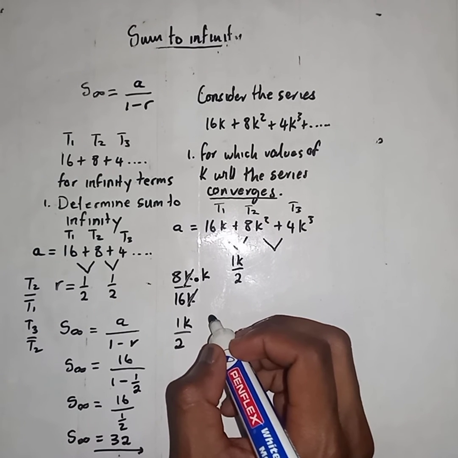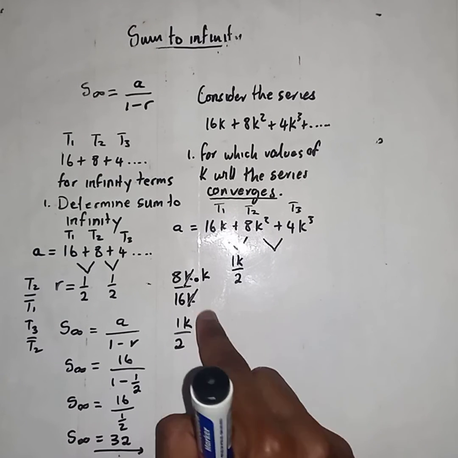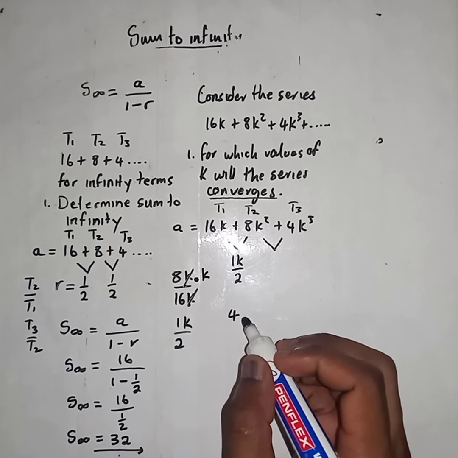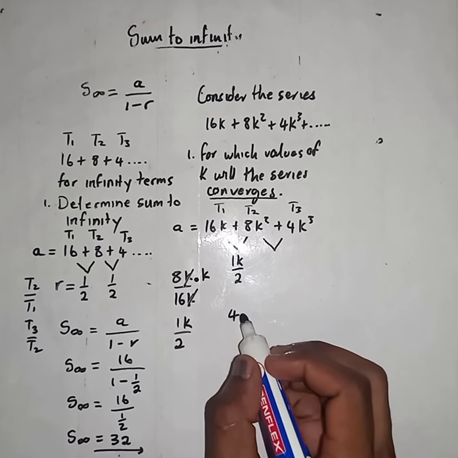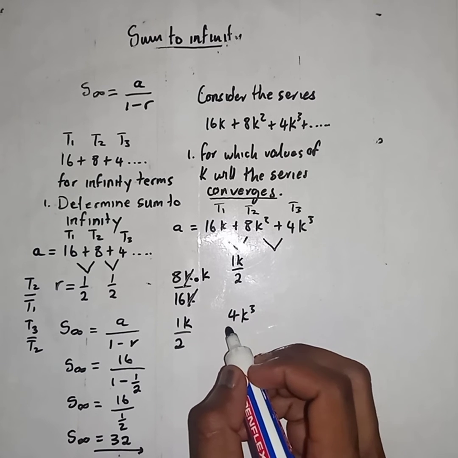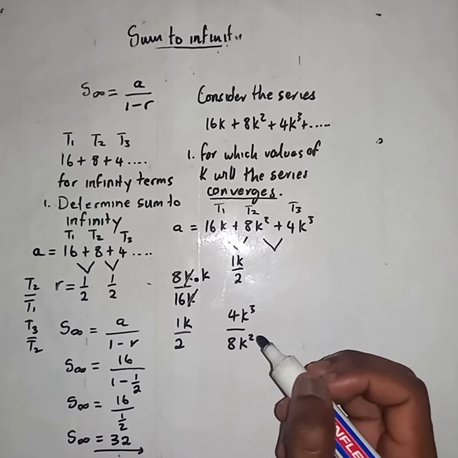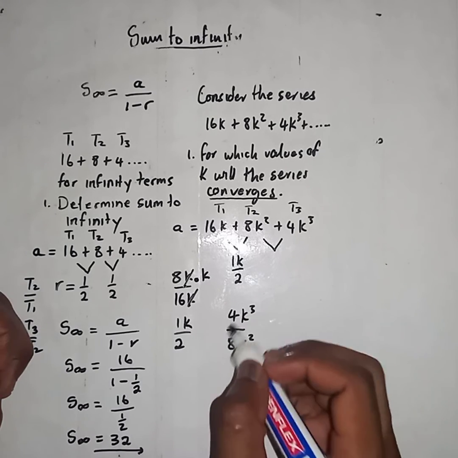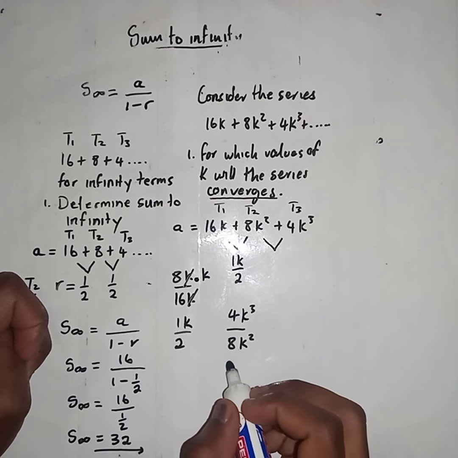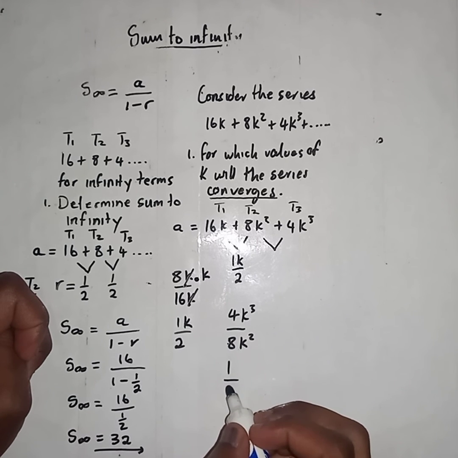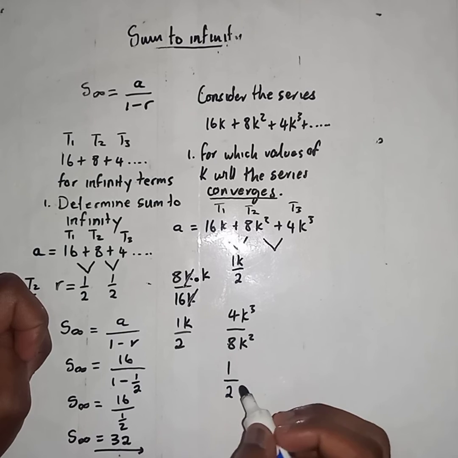Now I have 4k to the power 3 divided by 8k squared. You see, 4 into 4 goes 1, into 8 twice.